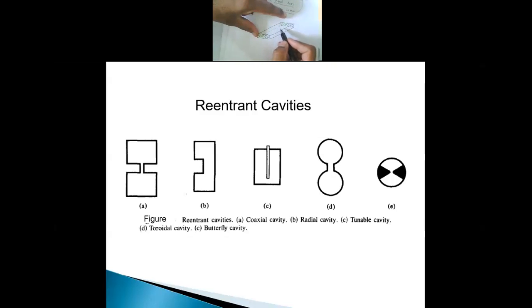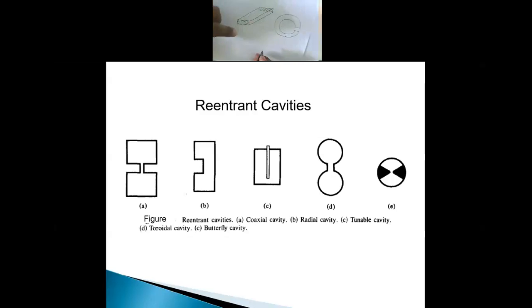A cavity may be rectangular, or a circular cavity, which looks just like a cylinder.